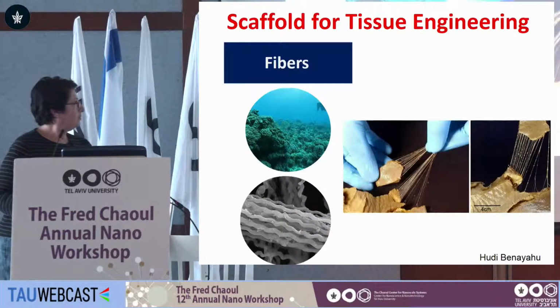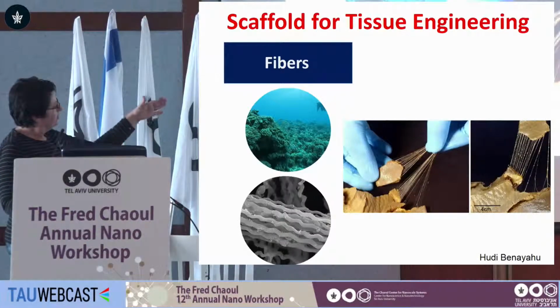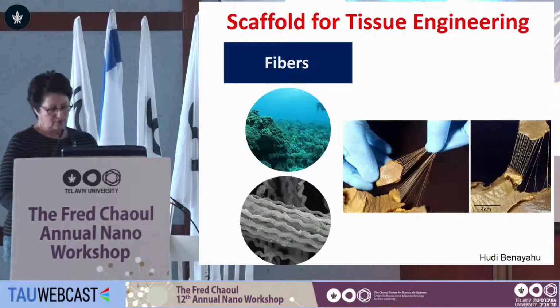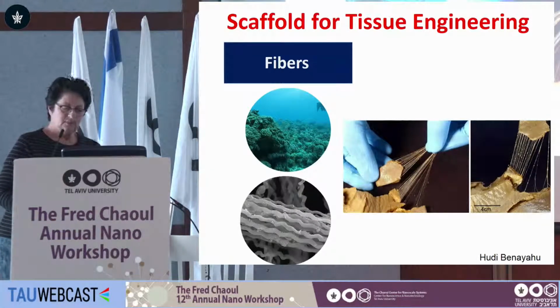We have a scaffold made from non-mammalian material. What you see here is collagen fibers coming from soft coral. And this was first discovered in my husband's lab. He is a marine biologist.